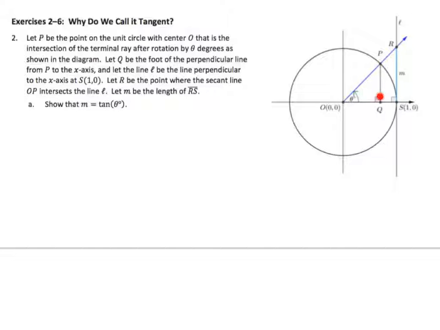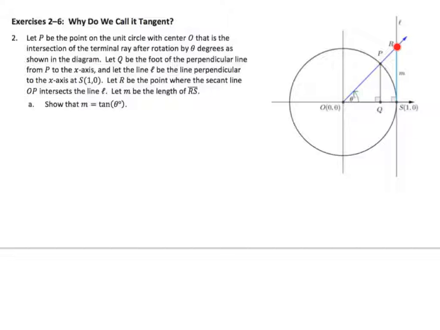Let Q be the foot of the perpendicular line from P to the x-axis, and let the line L be the line perpendicular to the x-axis at point (1, 0). So it's touching the unit circle right here at (1, 0).